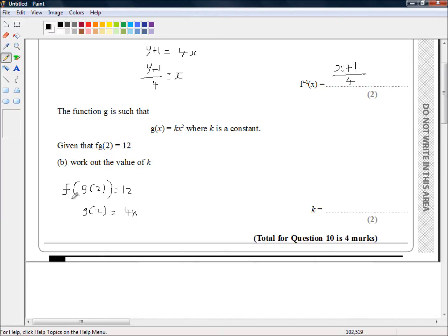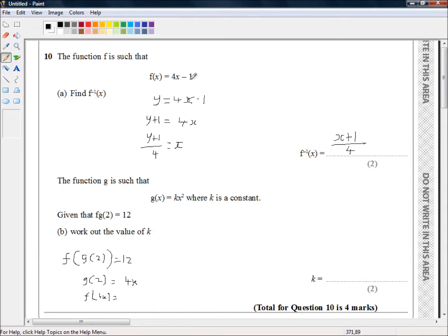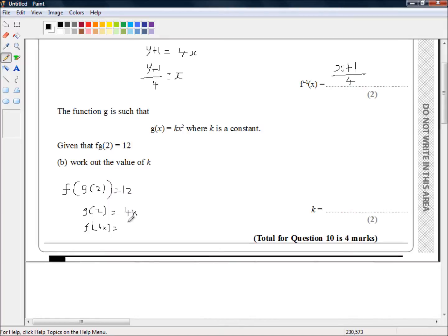Okay, so therefore f of 4k, because we know that that's what g of 2 is, is equal to, and then we need to go back to our original definition of f, which is 4x minus 1. So this is 4 times 4k minus 1, and 4 times 4 is 16. So this is 16k minus 1.